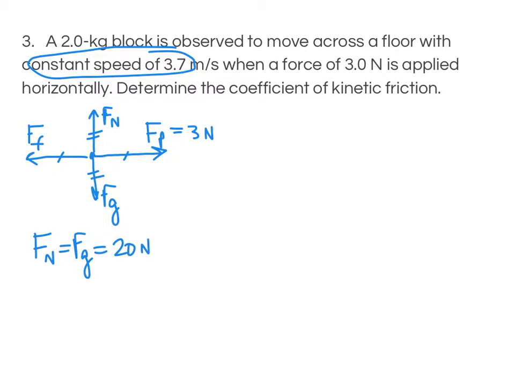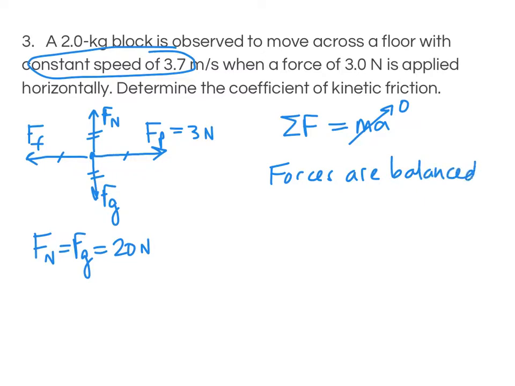So there are 2 ways I could do it. I could be very formal and say that the sum of the forces equals ma, but because it's at a constant speed, there is no acceleration. I could set it up that way, or I could just notice that the forces are balanced and use that idea.